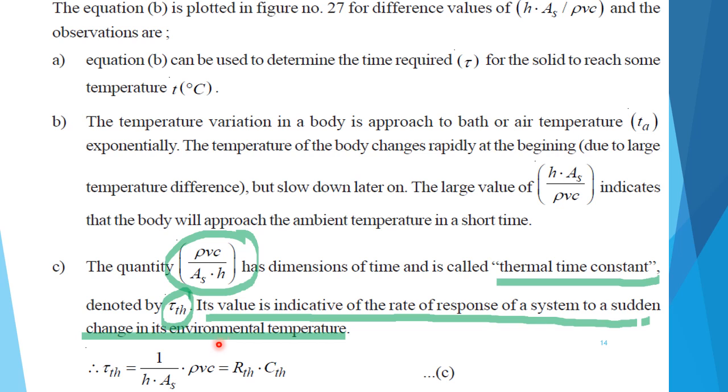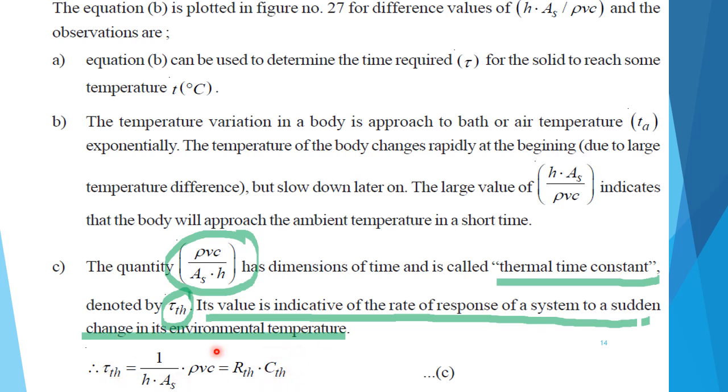If I rearrange this equation, rho Vc divided by Ah, I can write it as 1 upon Ah into rho Vc, where 1 upon Ah is nothing but the thermal resistance offered, and rho Vc is the thermal capacitance.